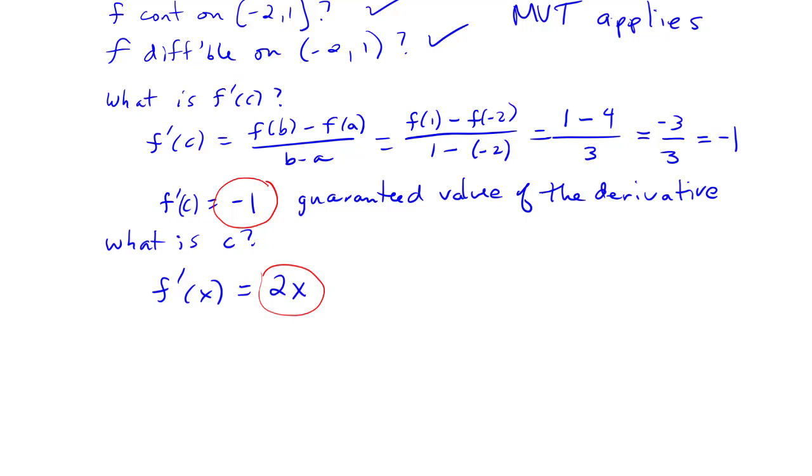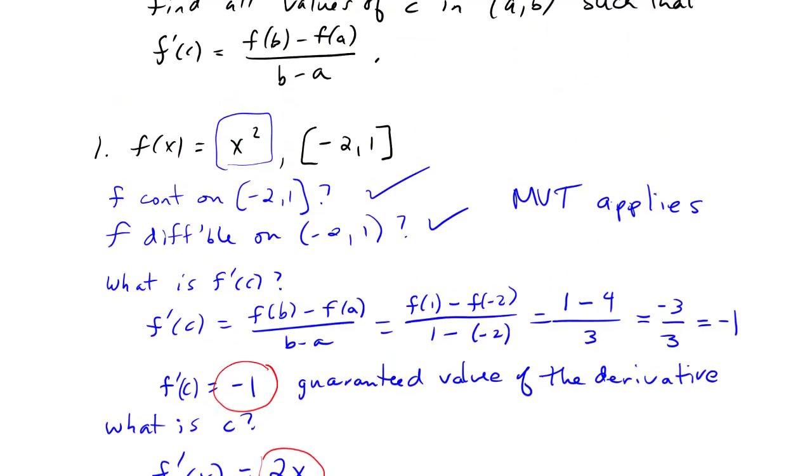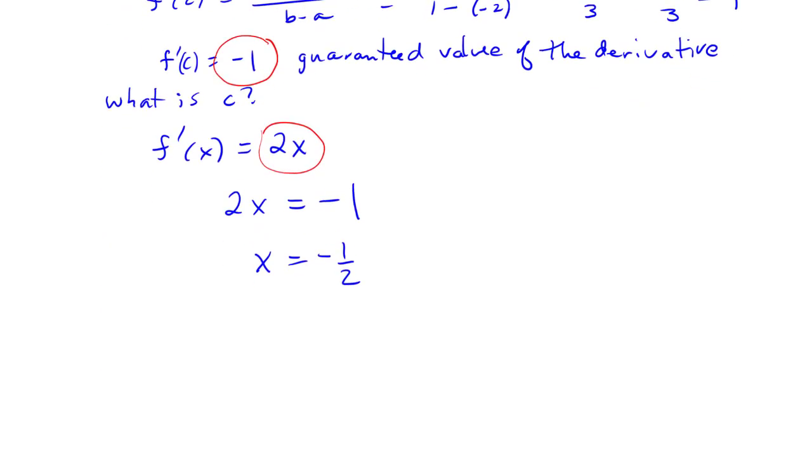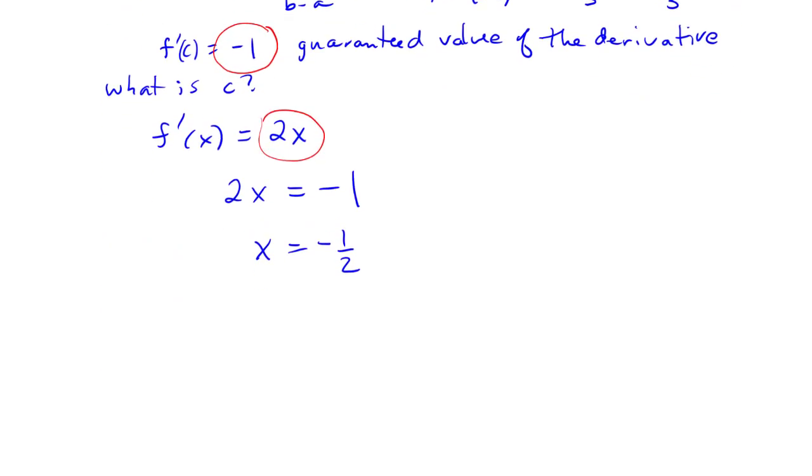So I'm just going to say 2x equals -1. The derivative equals the guaranteed value of the derivative. And by simple calculation, we can see x is -1/2. Then let's go back and take a look. The interval is [-2, 1]. That does occur on the interval, so our c is -1/2.